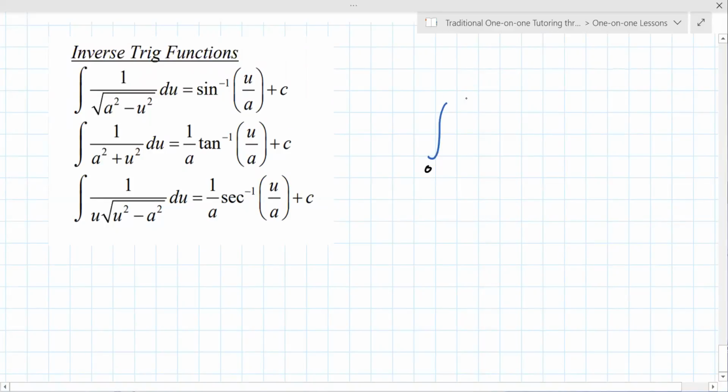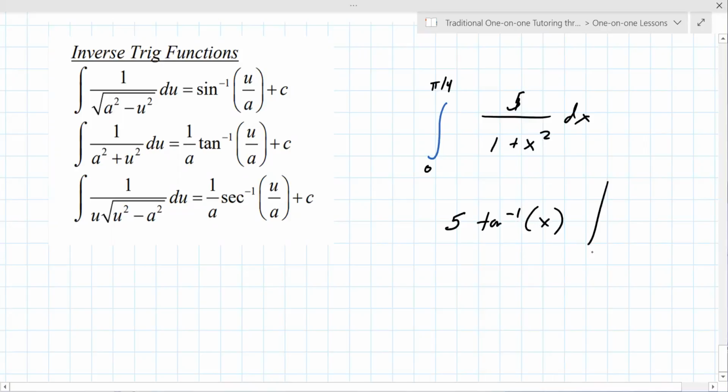Let's go 0 to pi over 4, 1 over 1 plus x squared. Maybe there's a 5 here, dx. So this is really 5 arctangent of x evaluated from 0 to pi over 4.